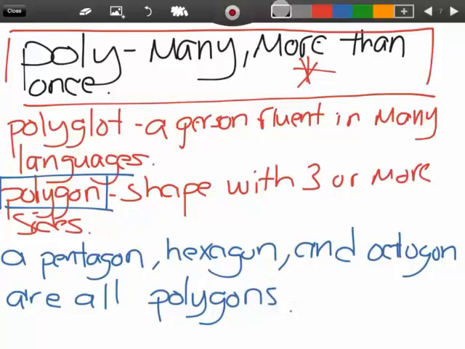I'm going to go ahead and read that to you one more time. A pentagon, hexagon, and octagon are all polygons.